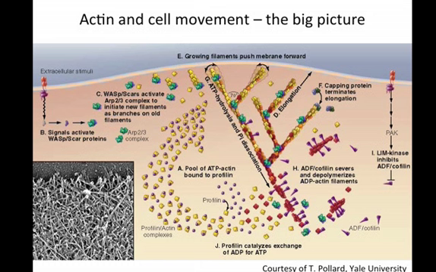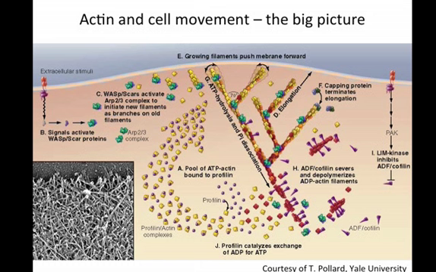So now you understand the major concepts of treadmilling and the concepts of critical concentration. And so you need to really understand that and apply those concepts to really understand all of this stuff.